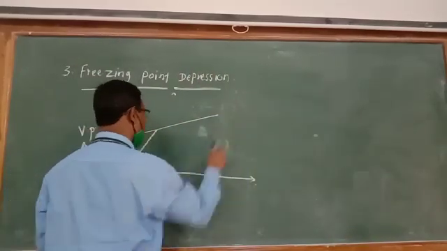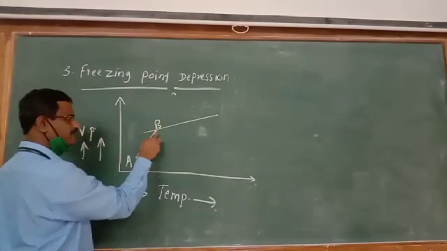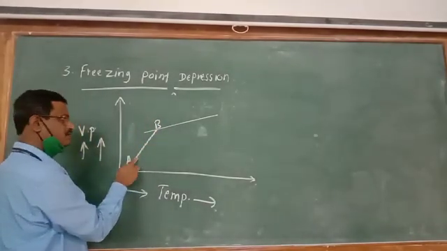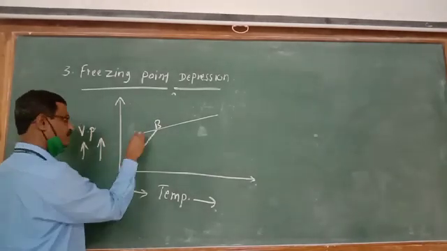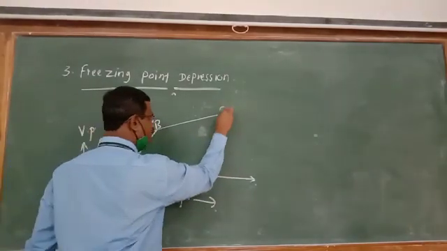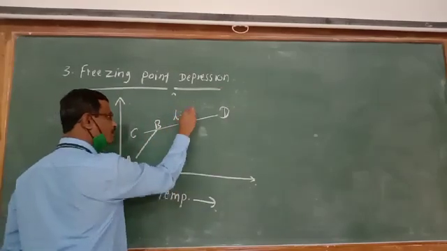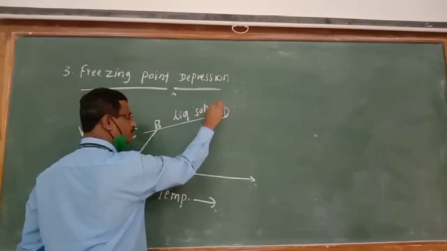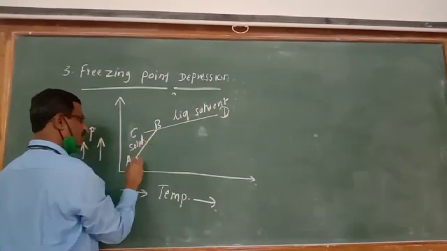There it is, the AB, this one. It is representing the vapor pressure temperature curve of pure solid solvent. CD, it is the vapor pressure temperature curve for a liquid solvent. This is for a solid solvent.